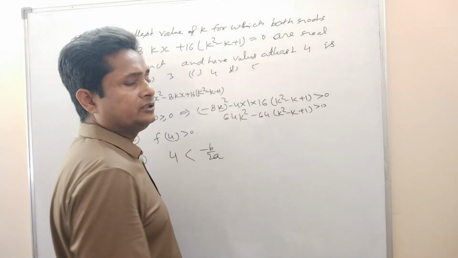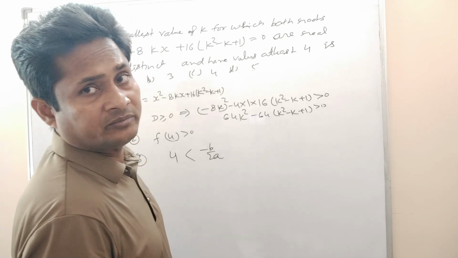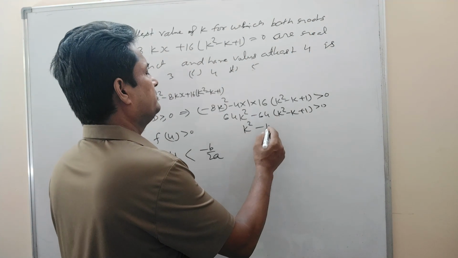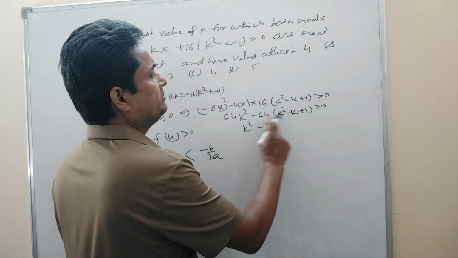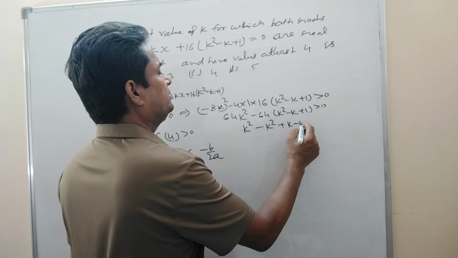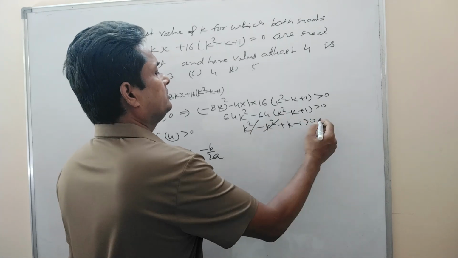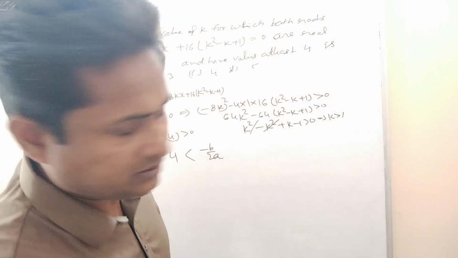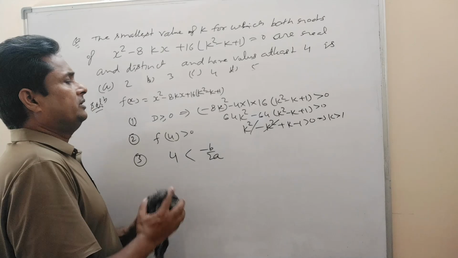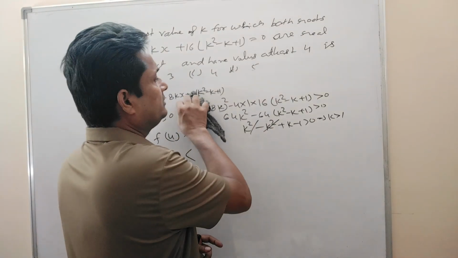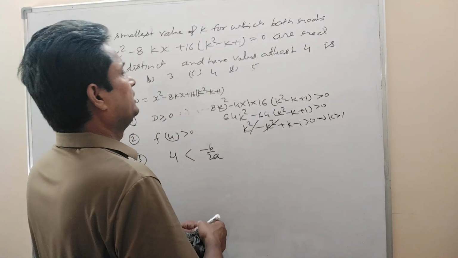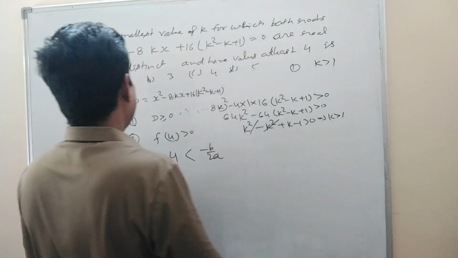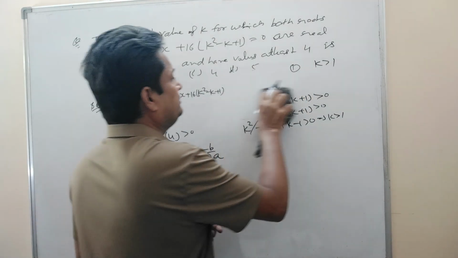Now divide by 64. 64 is a positive number, inequality will not be changed. So this will be k square minus k square, multiply minus this side, so k minus 1 greater than 0. So this is coming k is greater than 1. This is the answer from first one. We have solved this one.